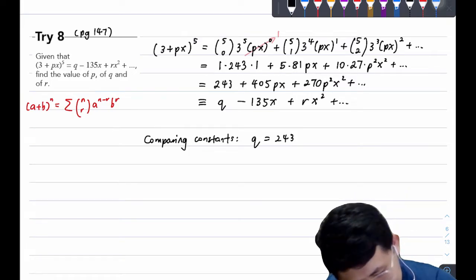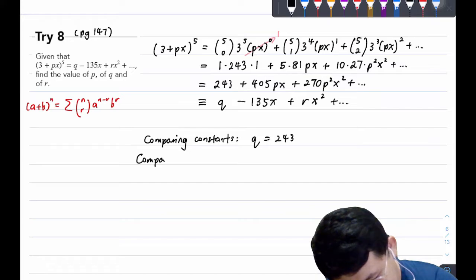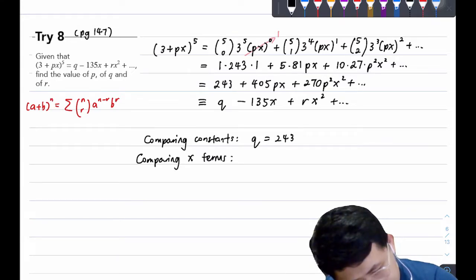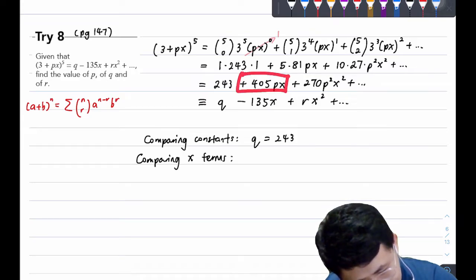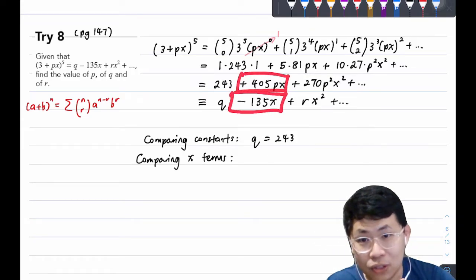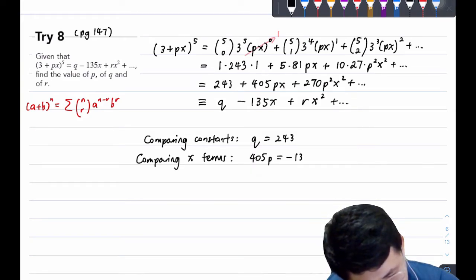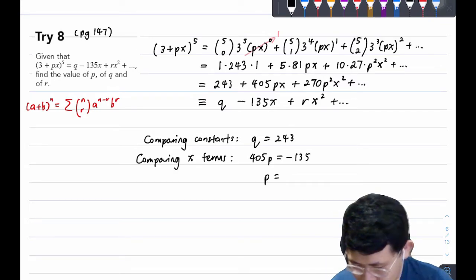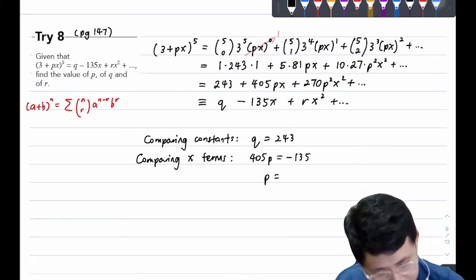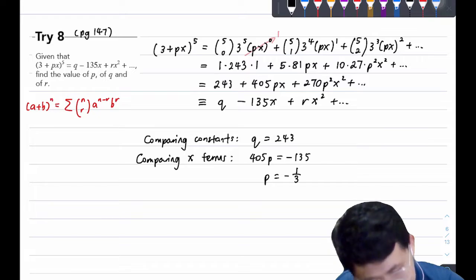Okay, perfect. So then next we compare the x term. This is the x term and this is another x term given in the question. So over here we have 405p is equal to negative 135. So p is going to be equal to negative 1/3.